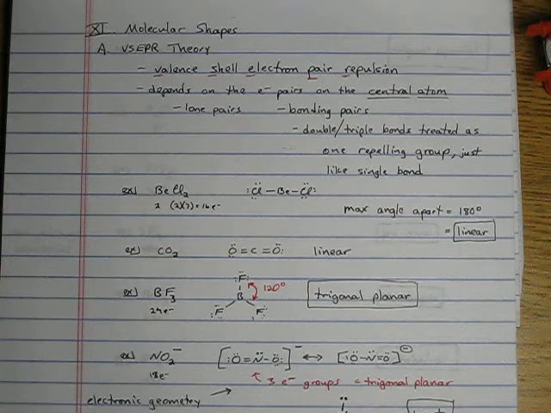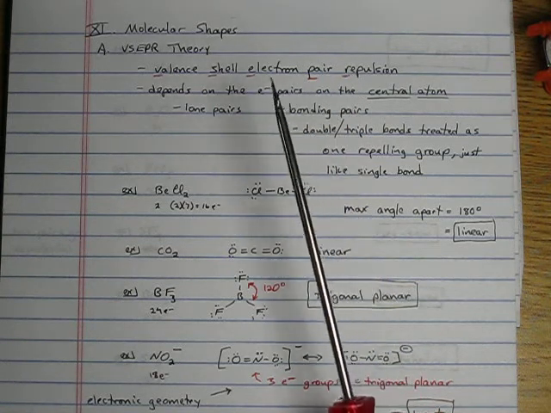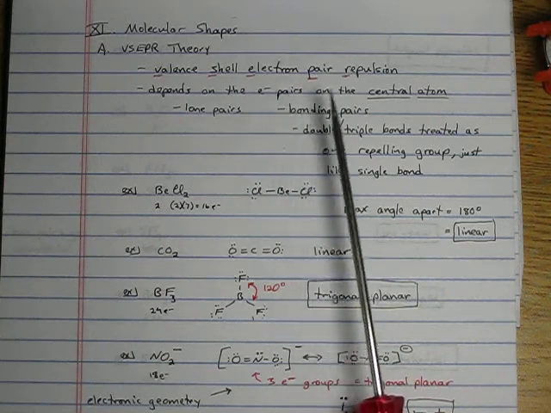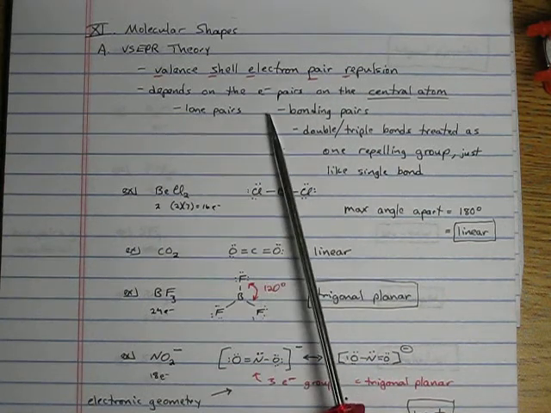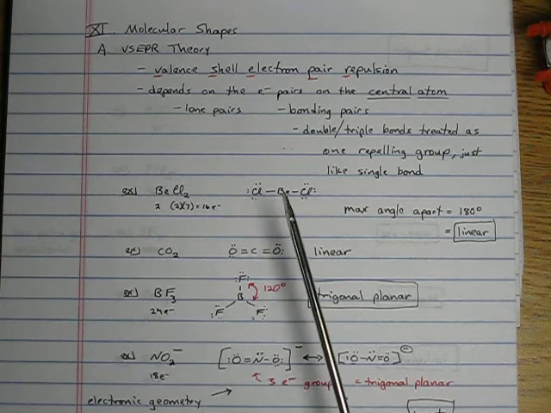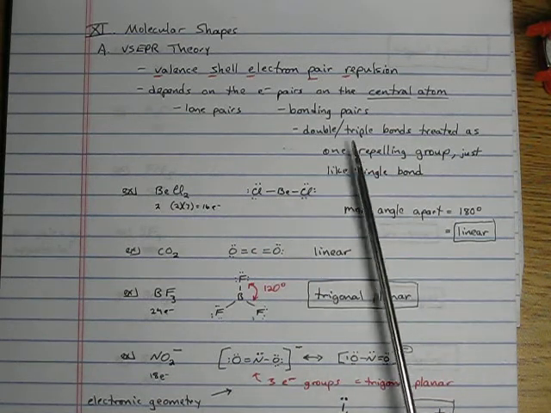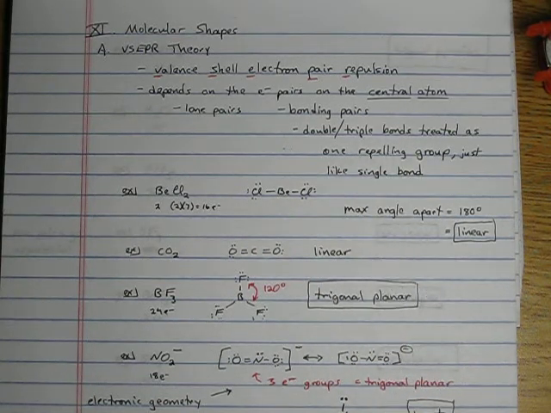A few things to note when you're dealing with VSEPR theory, we're looking at bonding pairs of electrons on that central atom, lone pairs of electrons. And VSEPR theory treats double and triple bonds as one group. So even though a double bond has 4 electrons in it, it is one group repelling the other groups.